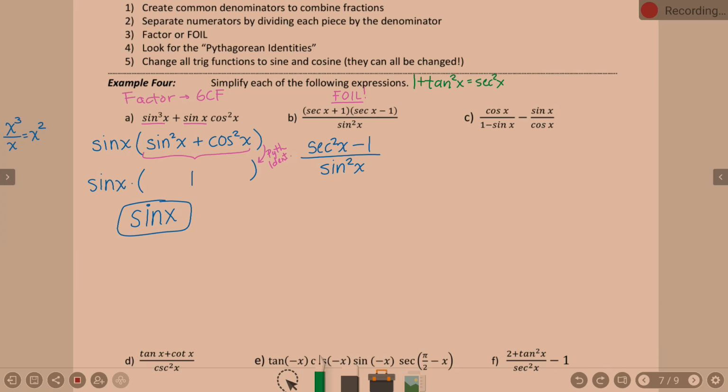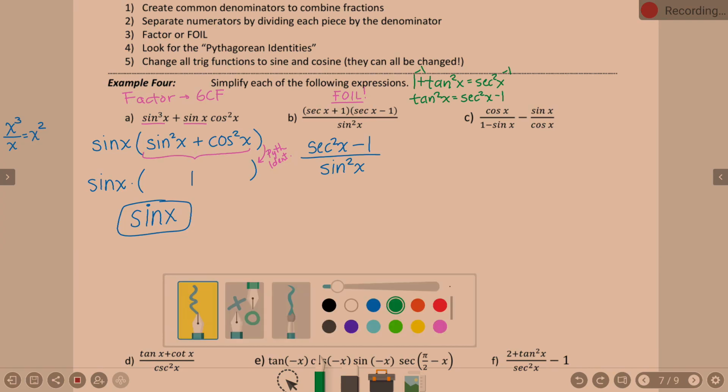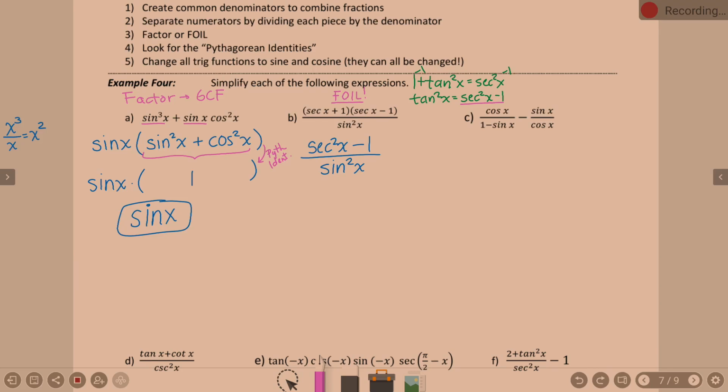Now, secant squared x minus 1, can I manipulate this? Sure can, subtract the 1 over. And so then I know that tangent squared x is equal to secant squared x minus 1. So what are we saying here? Every place we see a secant squared x minus 1, I can replace it with tan squared x.